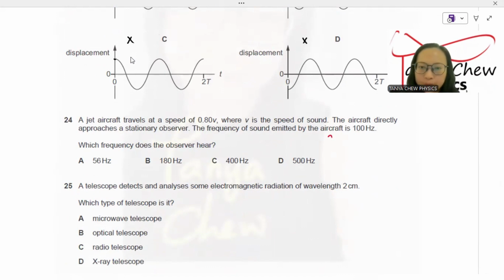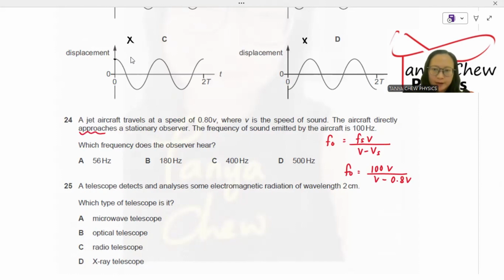Don't worry, just write down the formula first. Observed frequency equals f source times the speed of sound, divided by, I want you to see this, approaching. If this is approaching, you take v minus v of the source. So the observed frequency will be the frequency of the source, 100, times v over v minus 0.8v.